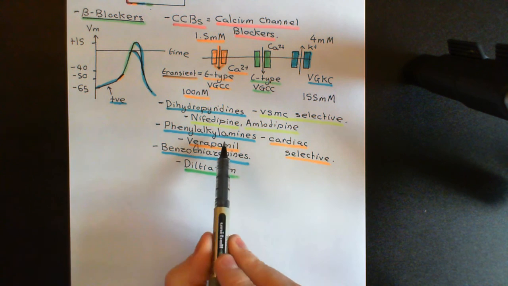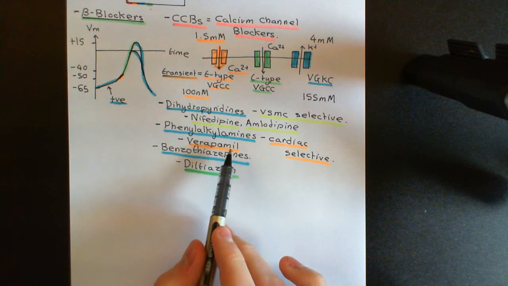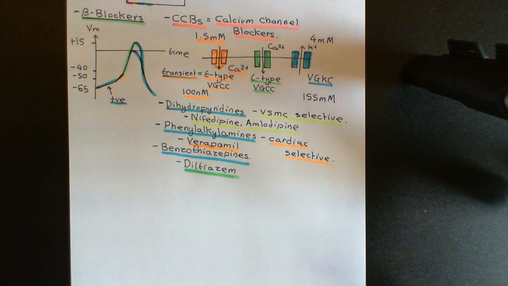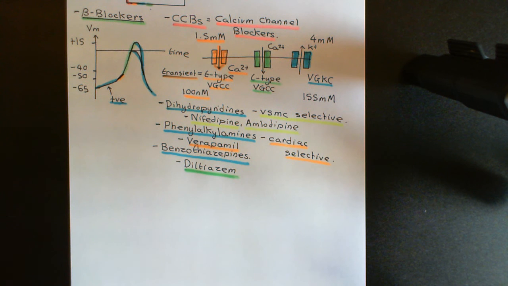So these two, phenylalkylamines and benzodiazepines, of which the main examples are verapamil and diltiazem respectively, are used to block L-type voltage-gated calcium channels in cardiomyocytes, and note we give them at levels where they will not block all the L-type voltage-gated calcium channels in cardiomyocyte cell membranes. We give them at a level just to block a certain fraction of them.